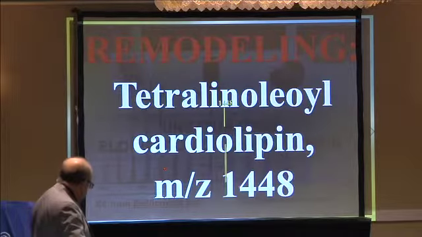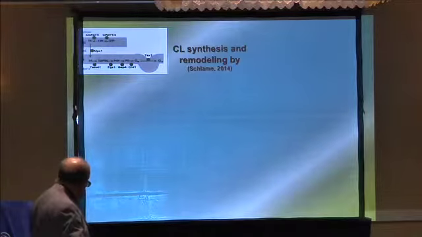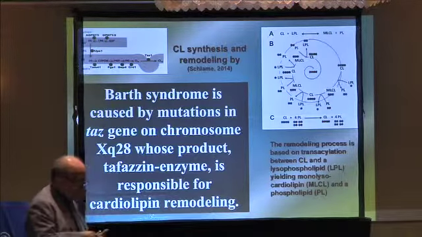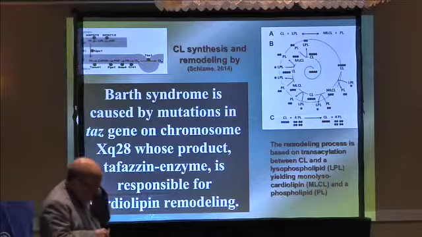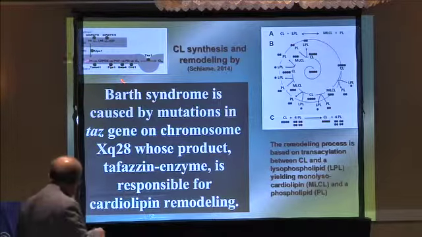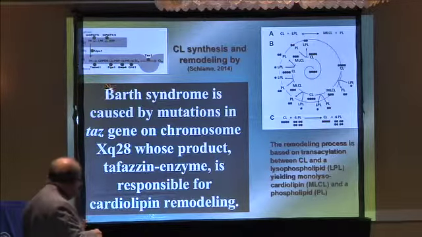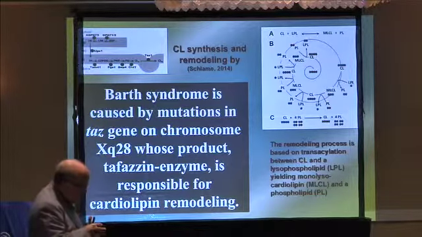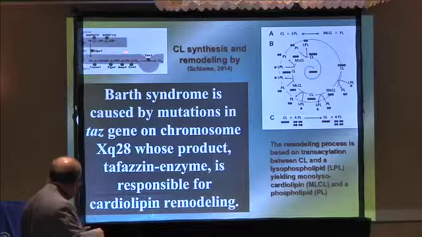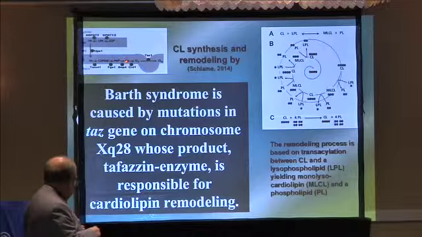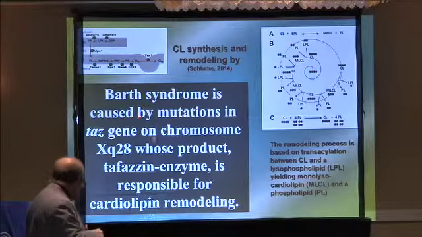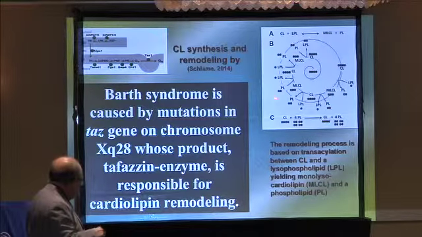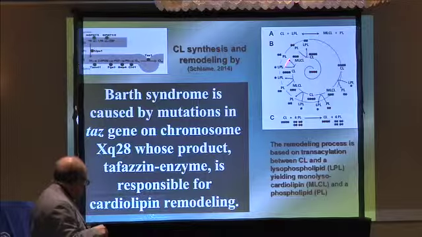So, why exactly this one? Now let me show you these two schemas that I borrowed from a very recent, outstanding review by our chairman, Dr. Schlame. Cardiolipin is among only two phospholipids, essentially, which are synthesized in mitochondria. And then, in addition to this primary synthesis, it also undergoes remodeling.